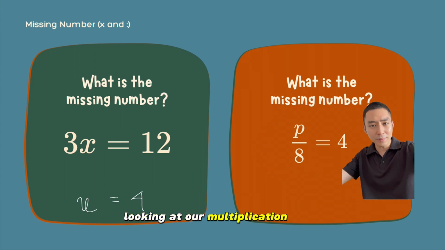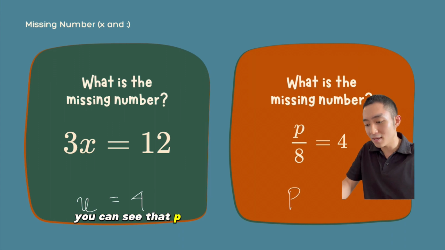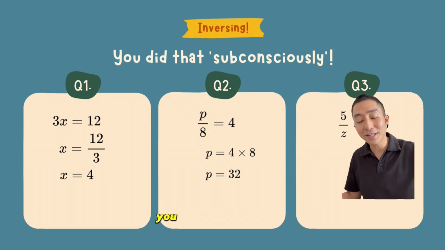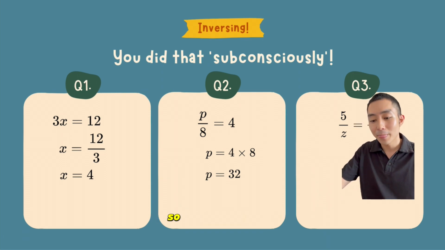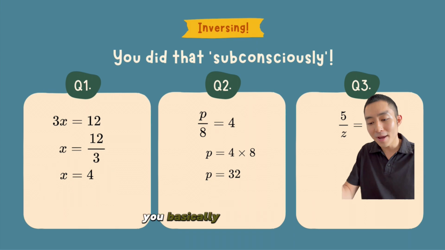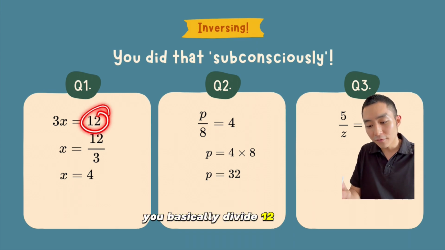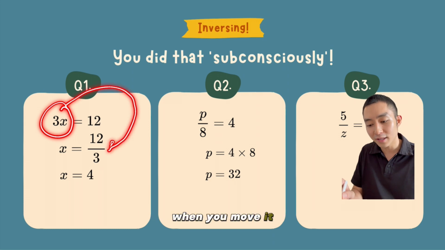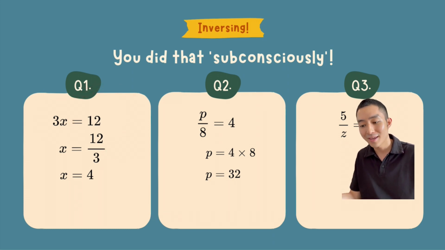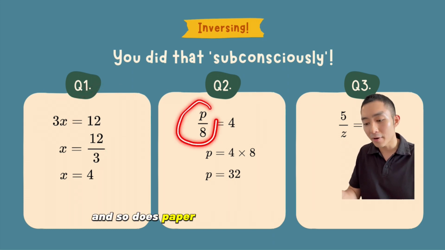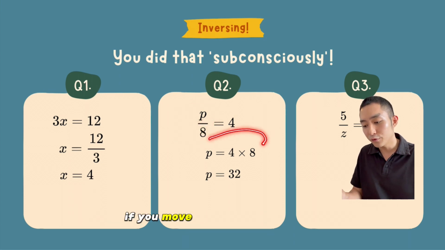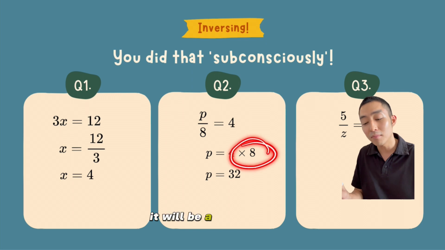Looking at our multiplication table, you can see that p will be 32 because 4 times 8. And that's what you did subconsciously. You did inversing again. So in order to get 4, you basically divide 12 by 3 because this is a multiplication. When you move it, it becomes a division. And so does p over 8 because it's divided by 8. If you move it to the right hand side, it will be a multiplication.